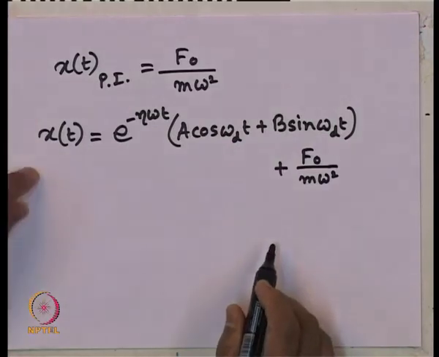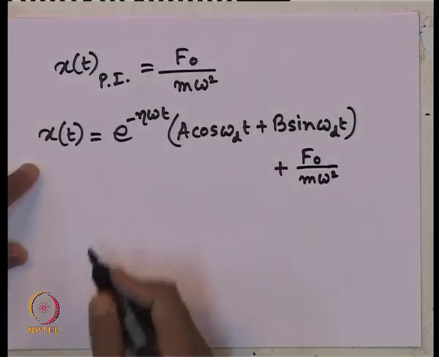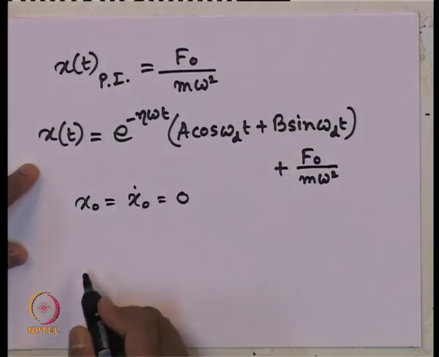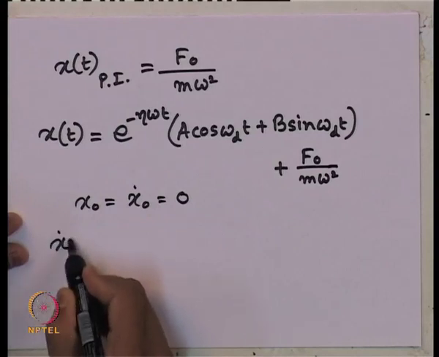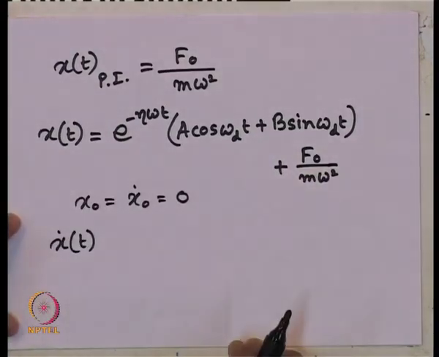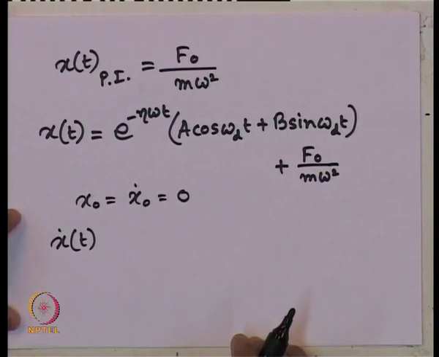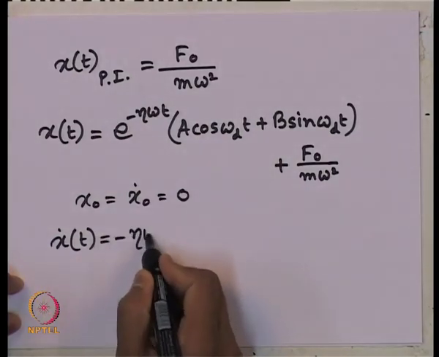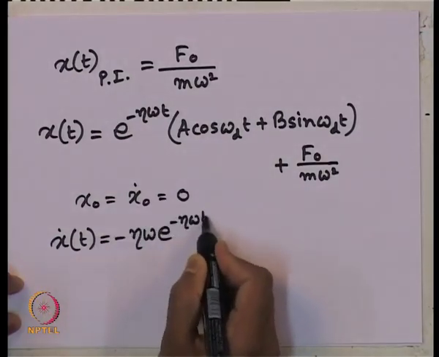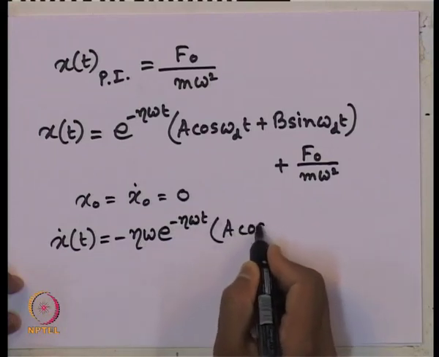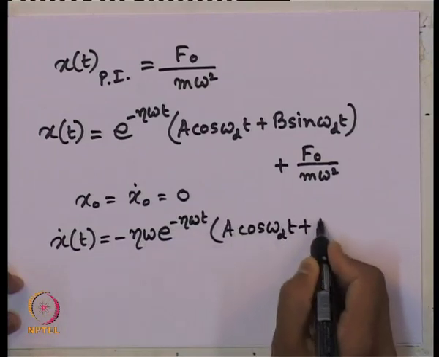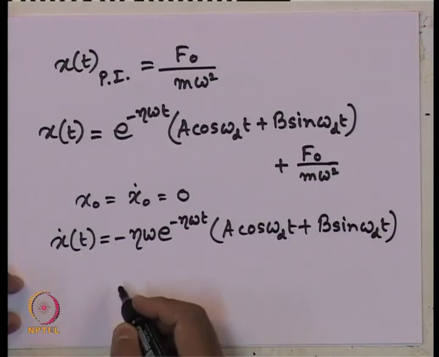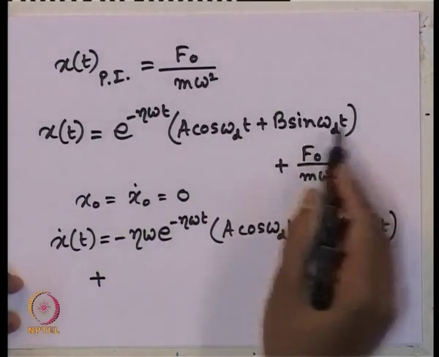And on this total solution, we have to now apply the initial conditions, which are given to us as 0. So, what we can do now, let us differentiate this total solution to get the expression for the velocity. What will we get? I am differentiating this first. It gives me minus eta omega e to the power minus eta omega t, it remains as it is, a cosine of omega_d t plus b sin of omega_d t, plus, next I am differentiating this component.